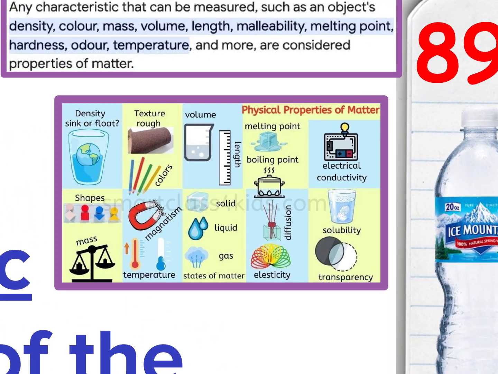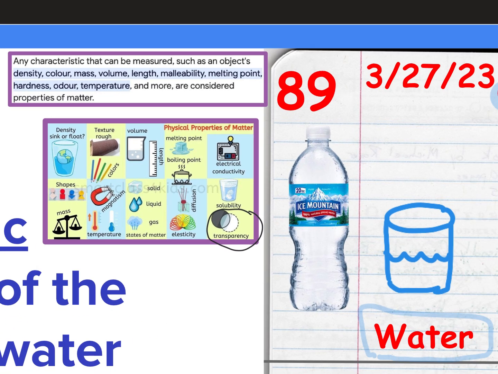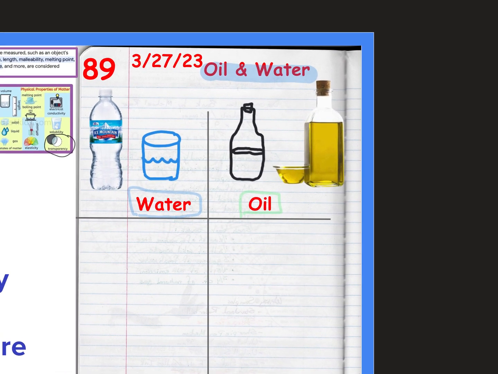So ideas of properties are here. One of them that stands out to me is transparency. So right away I could say that water is clear and oil is clear.